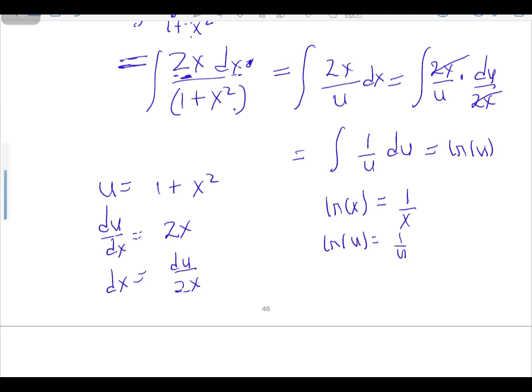Ln of u. And don't forget we add plus c because it's an indefinite integral. Having that over here, remember that our u equals 1 plus x squared. And therefore, when you change it, you are going to get ln of 1 plus x squared plus c. And this is your result.